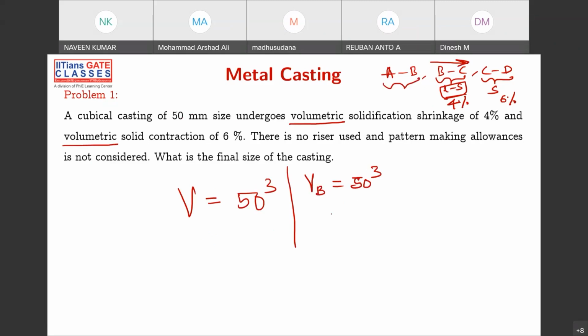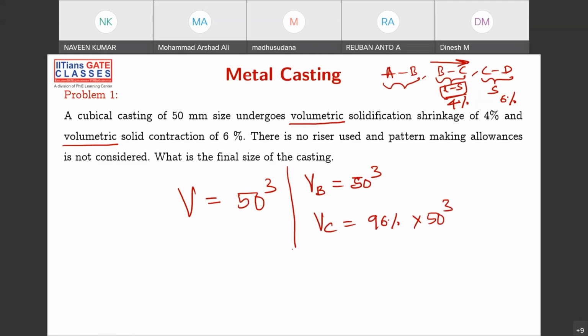Volume at C: 4% has been reduced, so 96% of 50 cube is left.